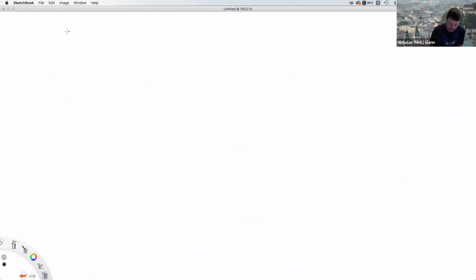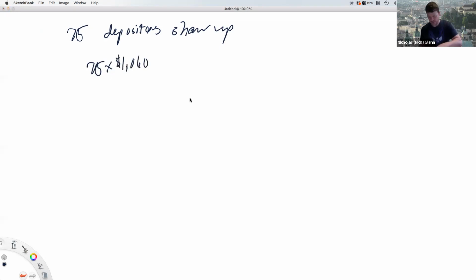All right, so 75 depositors show up. So the bank now has to pay 75 times 1,060. And what will that give you? That's going to be 79,500.